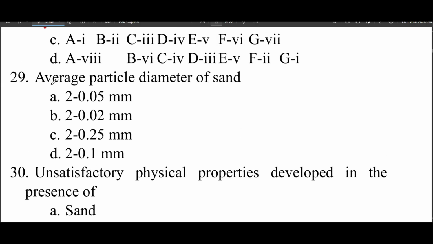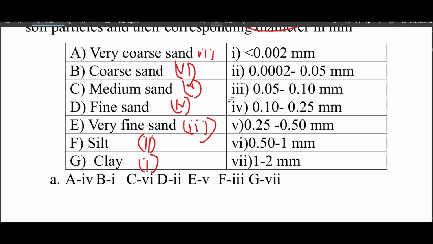The next, average particle diameter of sand. Options: 2 to 0.05, 2 to 0.02, 2 to 0.25, 2 to 0.1 millimeter. The correct option is 2 to 0.05.